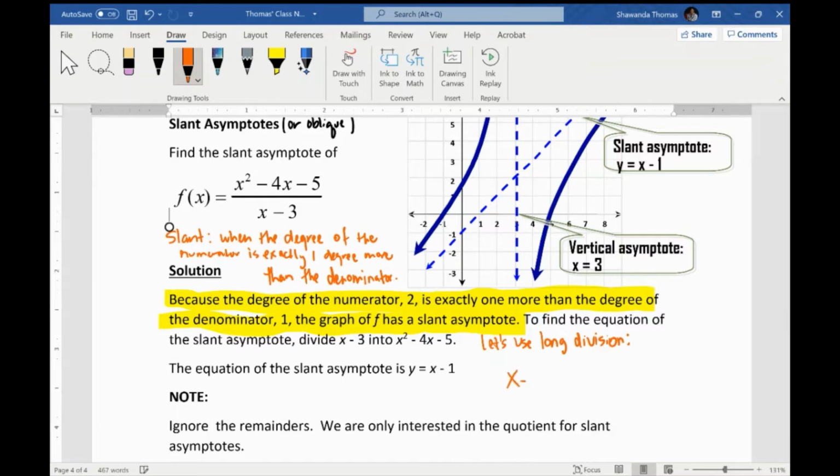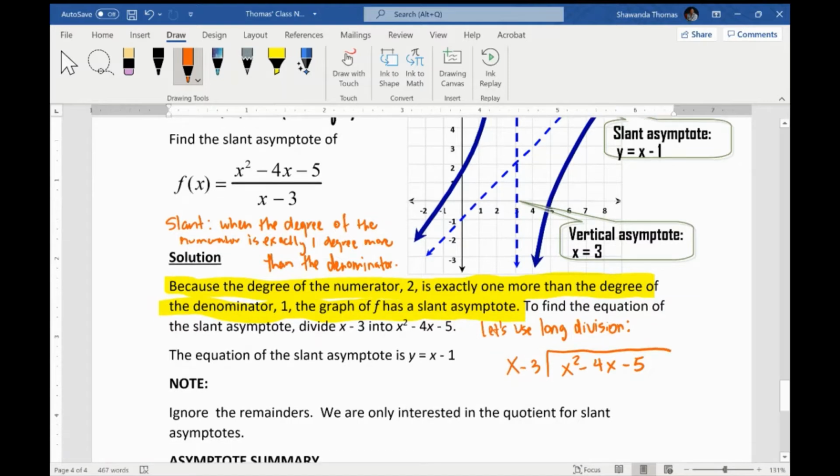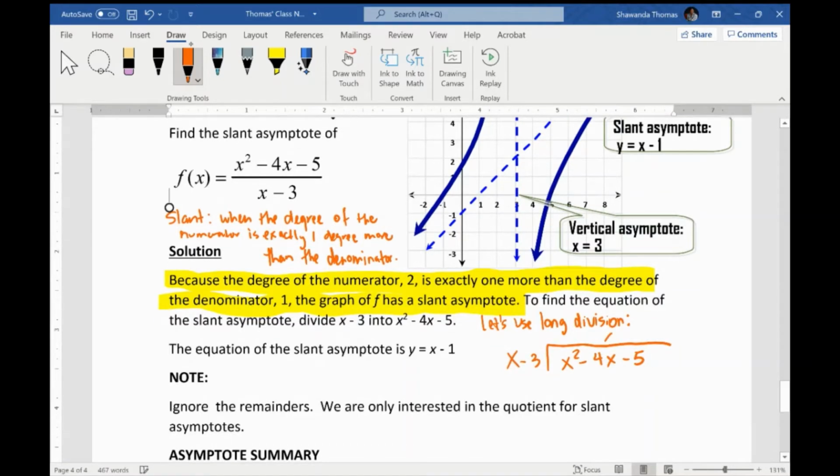All right, x minus 3 divided into x squared minus 4x minus 5. X times what is x squared? X. Yep. Then we're going to multiply this x times the divisor over here. What do we get? X squared minus 3x. Correct. Don't forget, we got to change the signs.